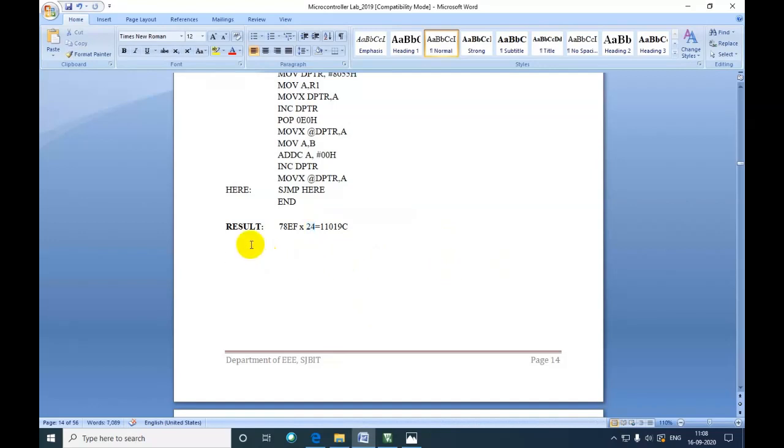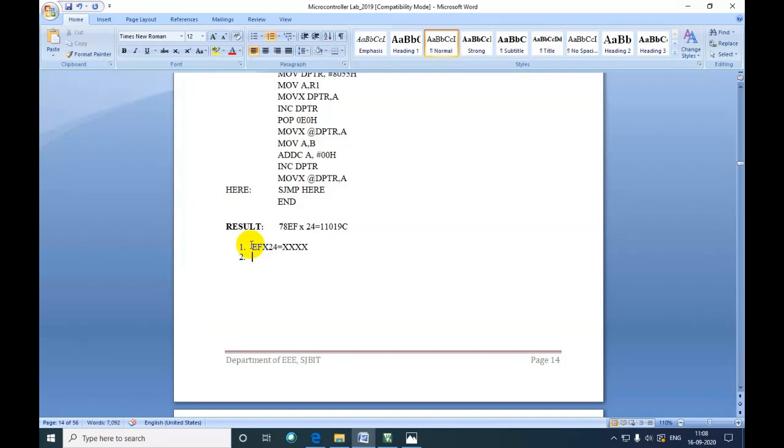First step, I would multiply EF into 24 and write down the result. Let me say the result here is XXXX. It depends on what number you are taking.